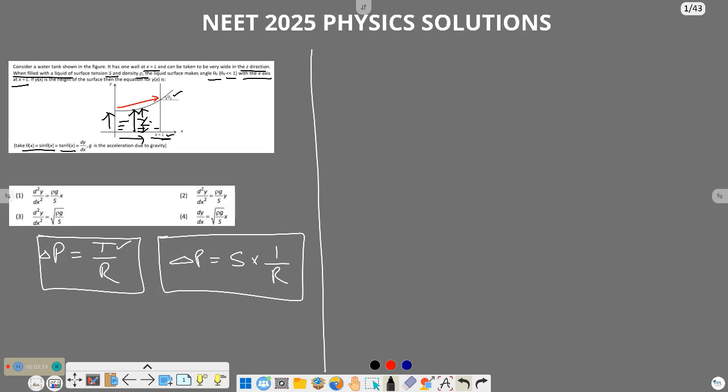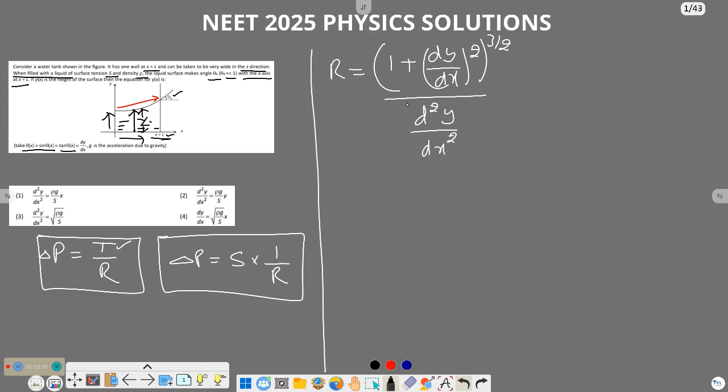That curvature is a two-dimensional curvature. The two-dimensional curvature equation you have to know: the radius of curvature at any instant of time is r equal to 1 plus dy by dx whole square, whole power 3 by 2, divided by d square y by dx square.